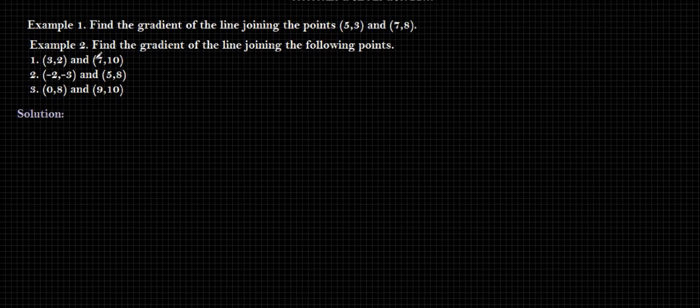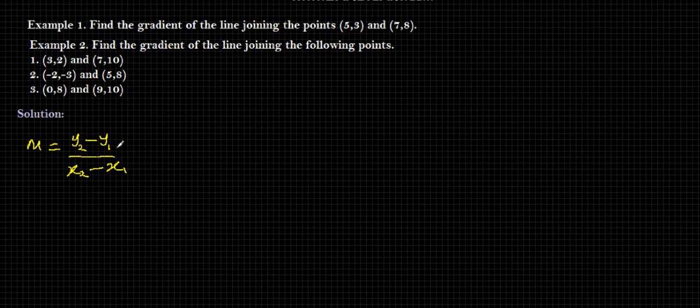So example 1 here, we are to find the gradient of a line joining the points 5, 3 and point 7, 8 respectively. So to solve this now, remember in our first video introduction, we have the gradient, which is given as m, to be equal to the final value of y minus the initial value of y divided by the final value of x minus the initial value of x.